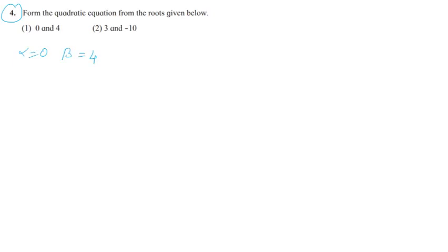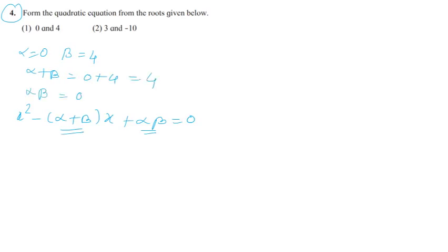And to form the quadratic equation, what is the formula? x square minus (alpha plus beta) x plus alpha into beta equal to 0. See, to find this quadratic equation, we need alpha plus beta and alpha into beta. So right here alpha plus beta, that means 0 plus 4 equal to 4. Okay. And alpha into beta, that means 0 into 4 equal to 0.